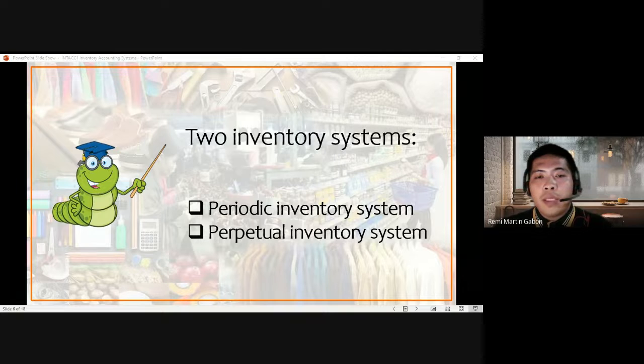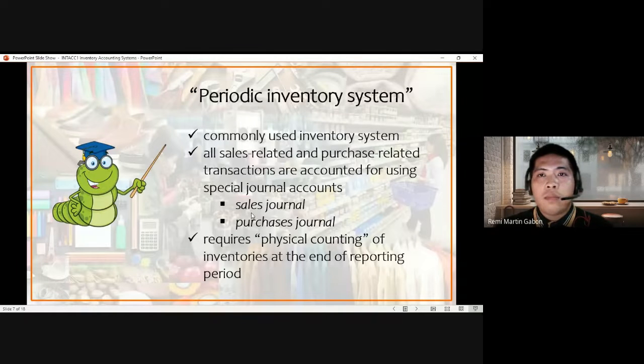So to start with periodic, periodic system is a commonly used inventory system. Although both periodic and perpetual inventory systems are applicable in practice, it depends on the company's management on what to use in accounting for inventory transactions. So they could use periodic or they could use perpetual. It is a matter of disclosure on the part of the entity in the notes to financial statements.